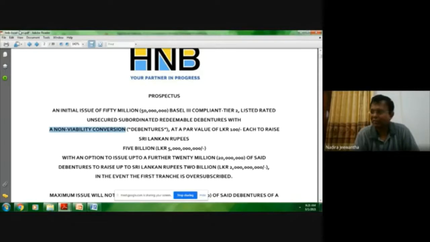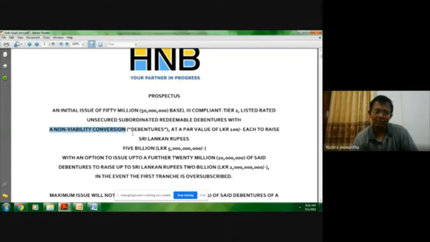Convertible debenture. The convertible debenture will be coming later. Non-viability conversion, right? If something goes wrong, there is a trigger point.